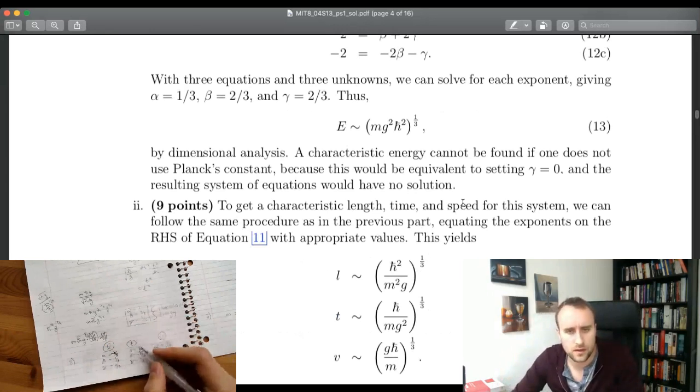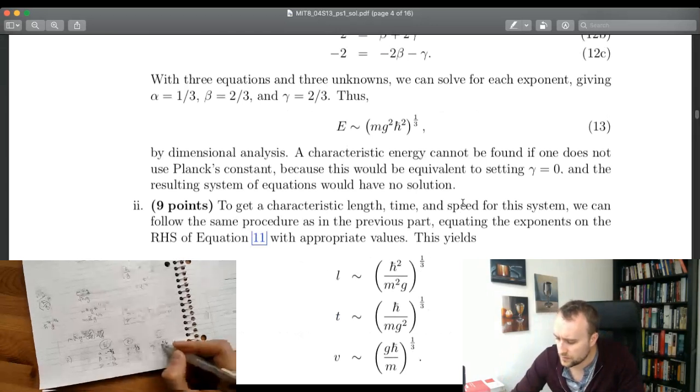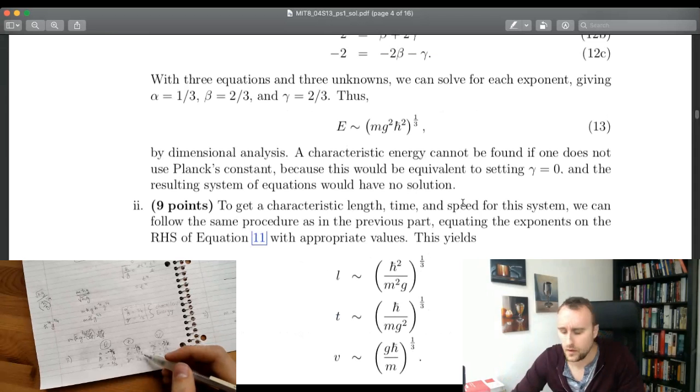No, yeah, negative 1/3. I must have screwed something up because I've got the signs wrong on all of these. Negative 2/3, 1/3. Did I get this right? This is 1.